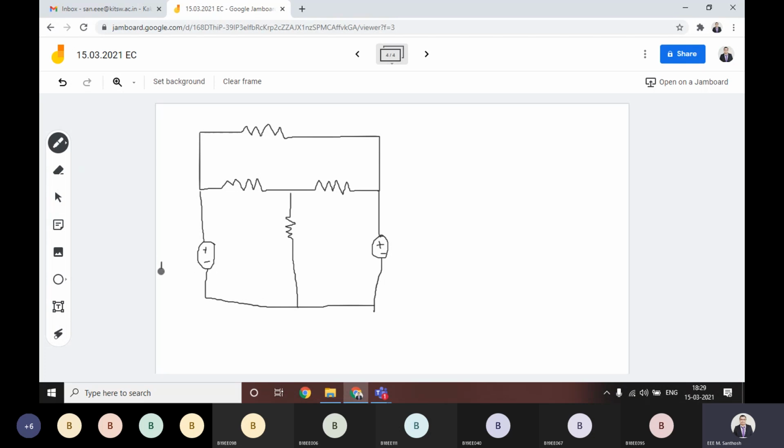This voltage is 100 volts. This is 40 volts. Okay, this is 2 ohm, then this is 14 ohm.